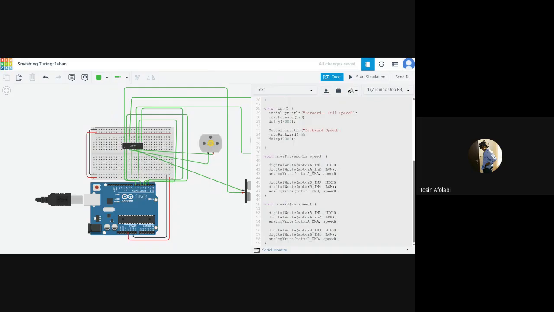Oh, mistake. It's not just one word. We'll just write this first line. Move backward. Oh, another mistake. I forgot to write int here. It's supposed to be int space speed. Making mistakes on this is kind of deadly.